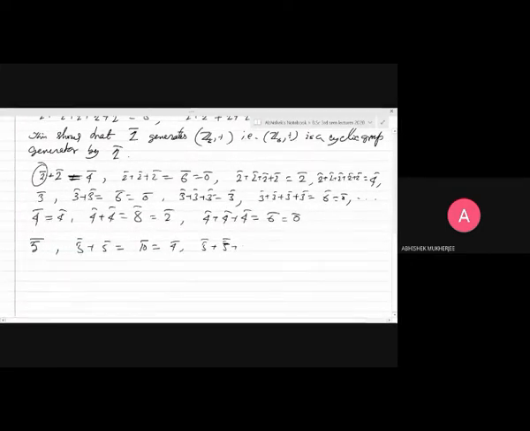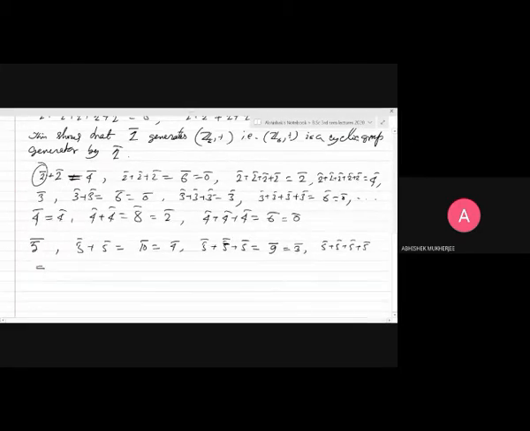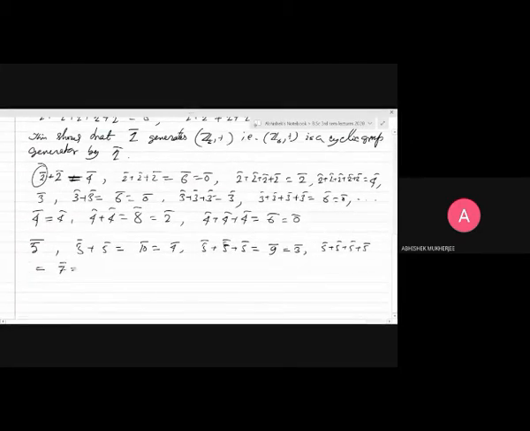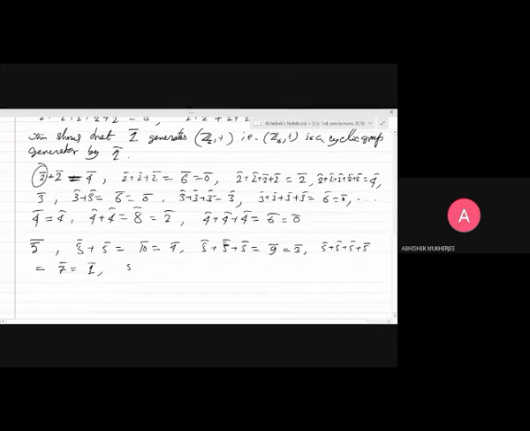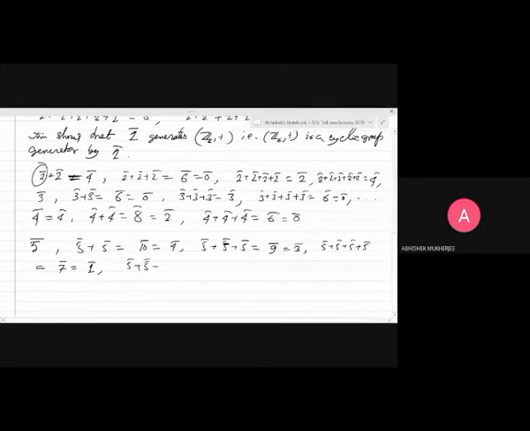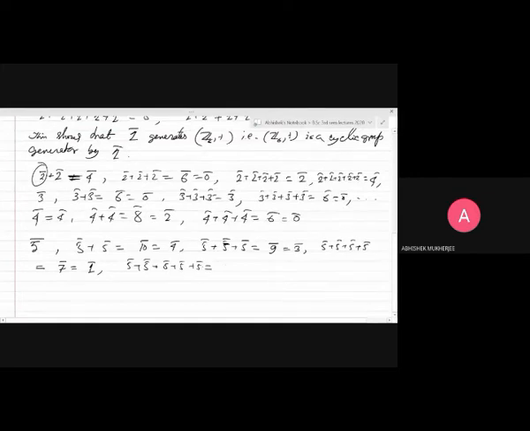Add more, it is 9 class, modulo 6 it is 3 class. Then it gives you 7 class, modulo 6 it gives you 1 class. Again, add one more, it is 6 class, that is 0 class.